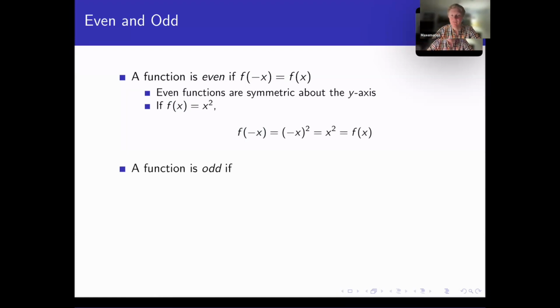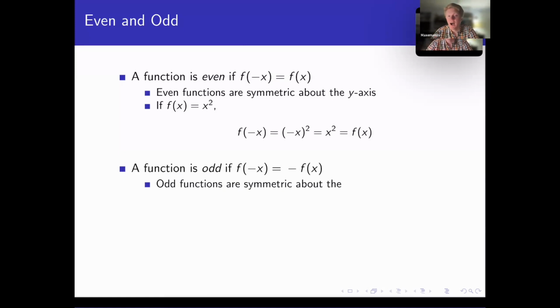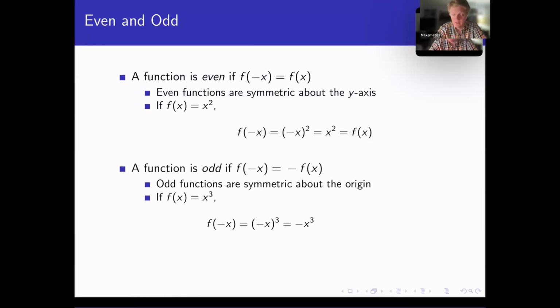Okay, so a function is odd if when you plug in negative x, you get the negative version of your function. Ooh, that's kind of weird. So odd functions are symmetric about the origin. For example, x cubed is odd because when you plug in negative x, well, negative x cubed is negative x cubed.